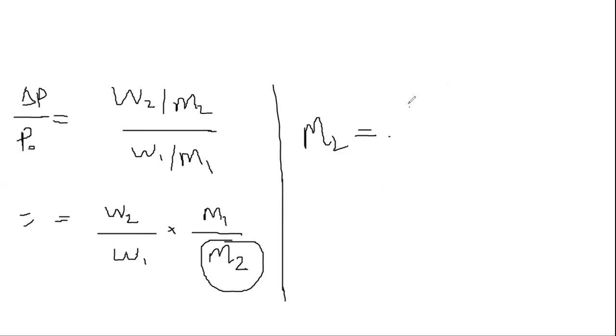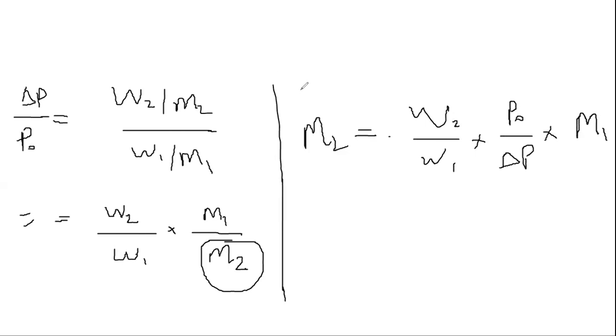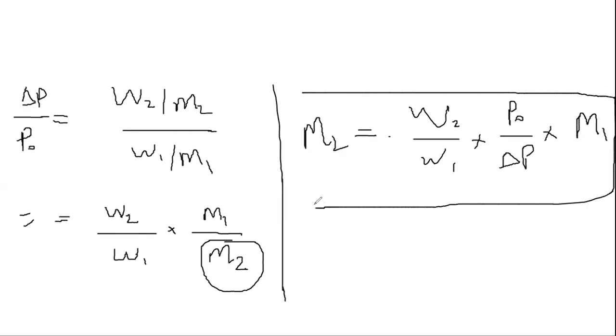W2 divided by W1 and multiply by P naught divided by delta P and multiply by M1. So this is the final equation.